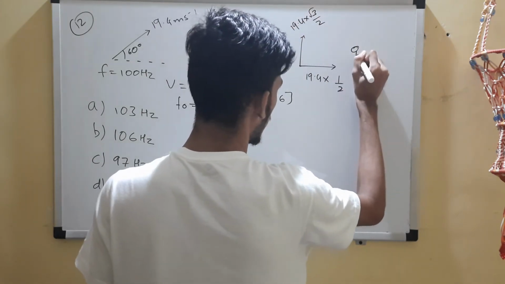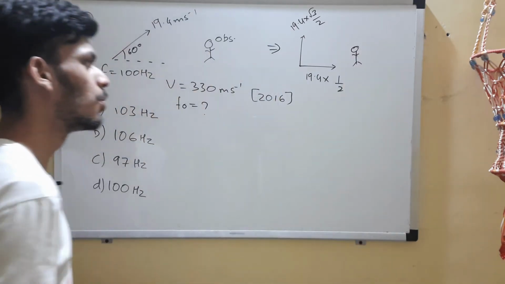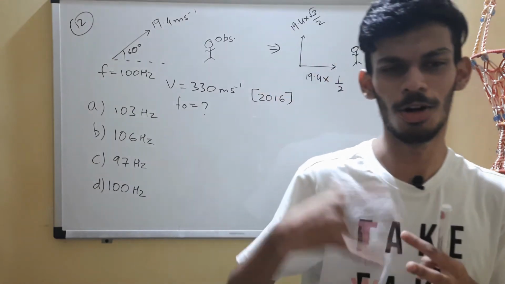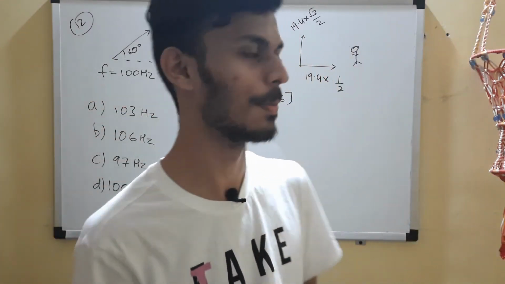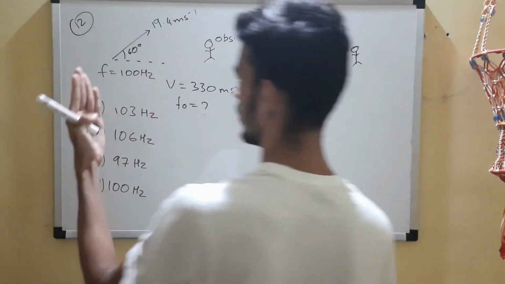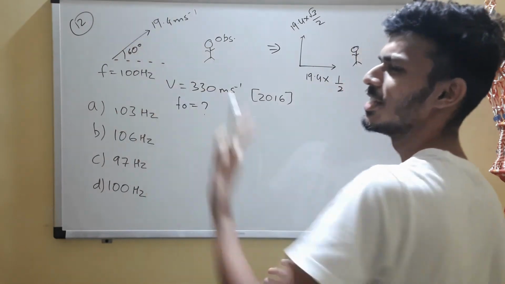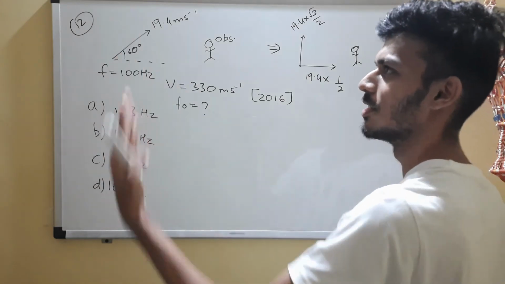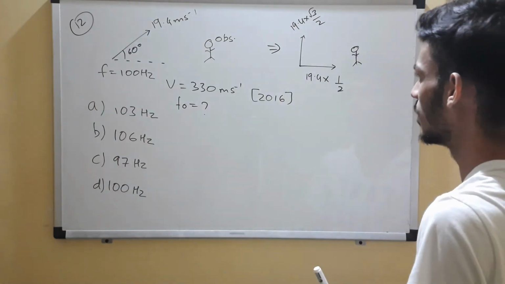Now the important point to note over here is that the perpendicular component will not contribute to any change in frequency, because there is no approach and no separation. It is just the perpendicular component of velocity.